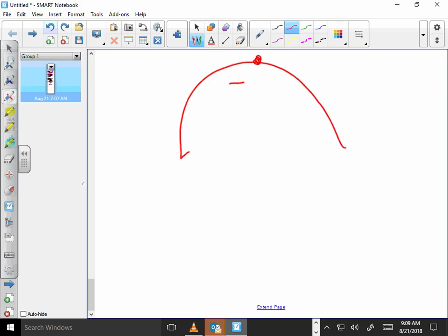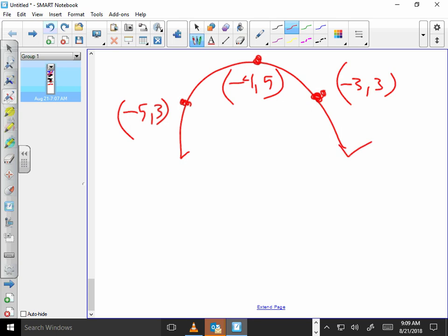What family of curves does this belong to? Is it a square root? Is it an absolute value? What can we say about this one? Antonio? What family of curves?